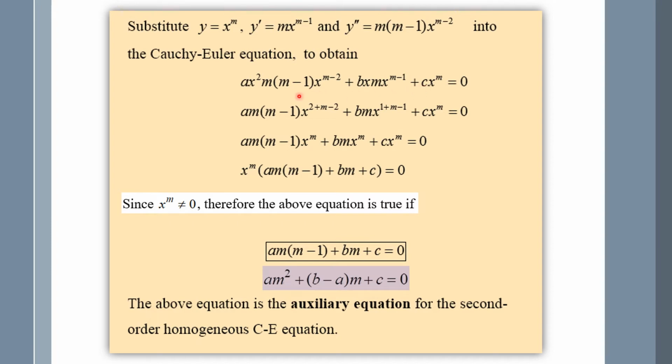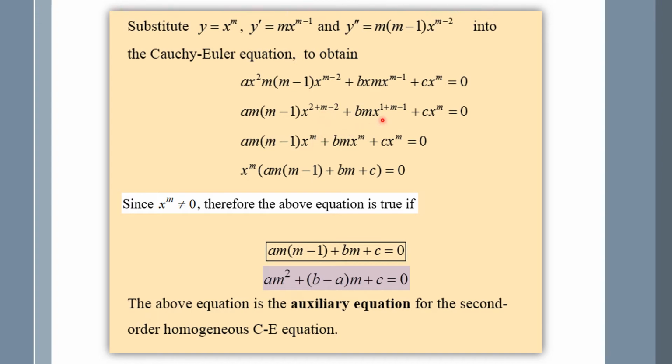Notice that in the first term we have a product of x squared with x to the m minus 2, so we need to add these two powers, so we'll get x to the power of 2 plus m minus 2. Similarly, for the second term, we have a product of x with x to the m minus 1, so adding the two powers, it becomes x to the power of 1 plus m minus 1. x to the 2 plus m minus 2 gives us x to the power of m.